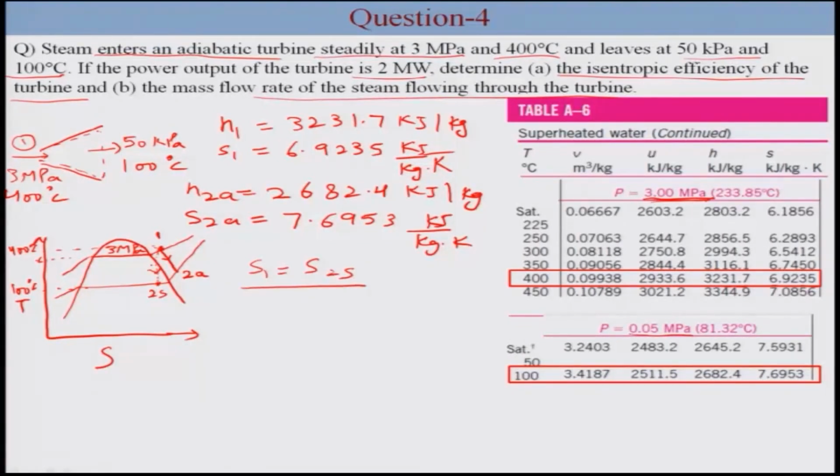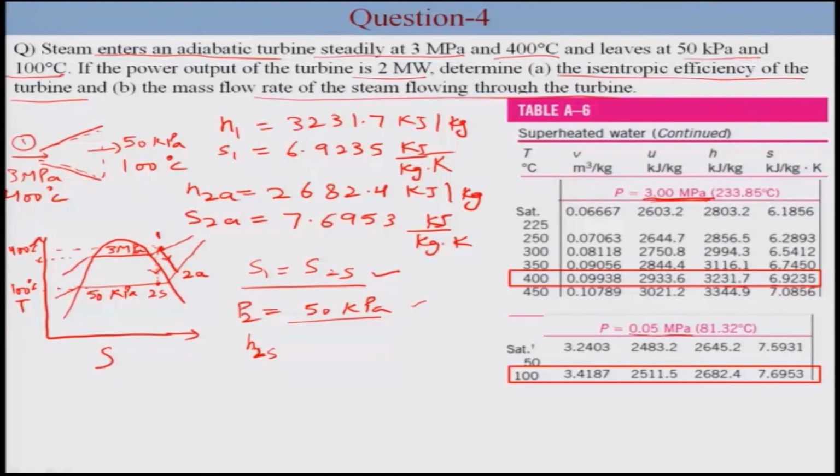To calculate the properties at point 2S, we know that the pressure is 50 kilopascal and S1 is equal to S2S. For getting enthalpy at point 2S, H2S, we know pressure and entropy.